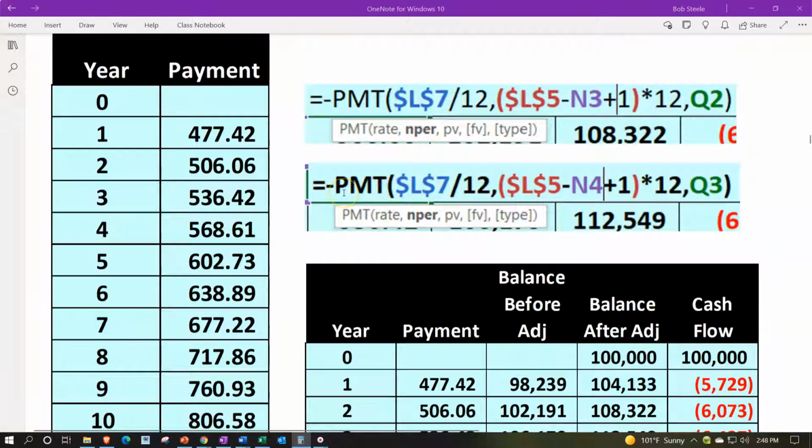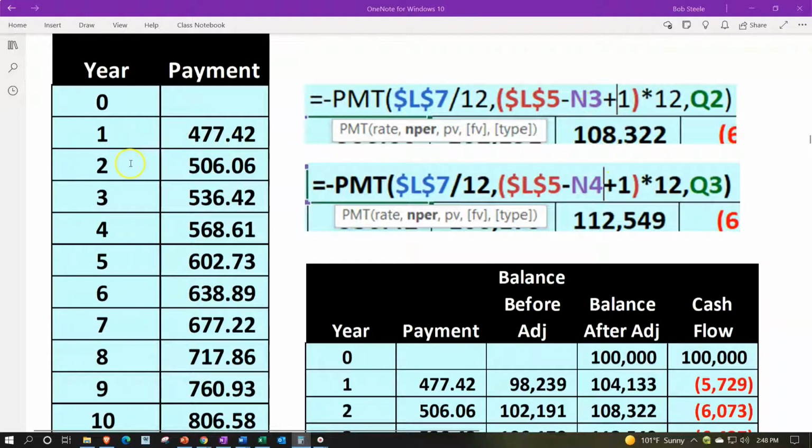So if we were to copy it down, the next payment calculation would be the rate, and that would be the same rate because the rate did not change. That's why you have the same cell divided by 12, comma, number of periods in years. L5 represents 30 from the data set, therefore absolute reference, minus N4, that has changed.